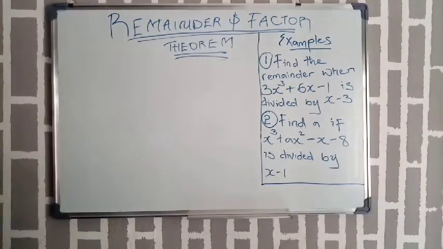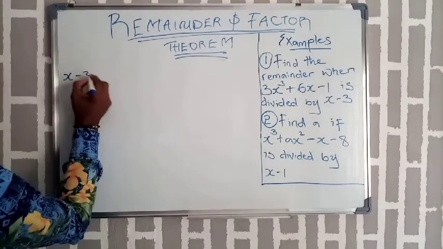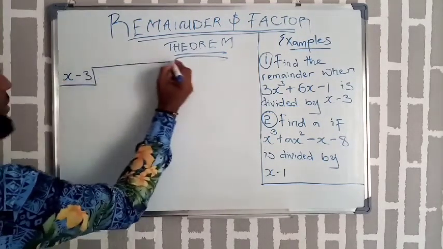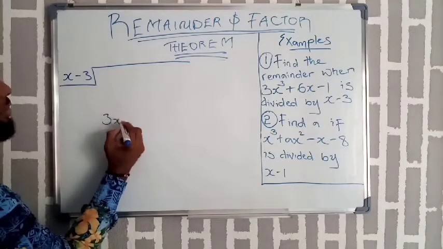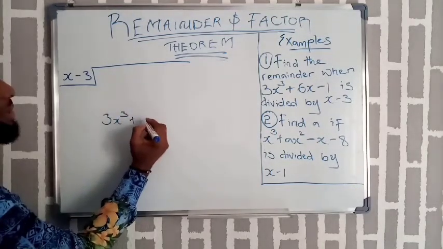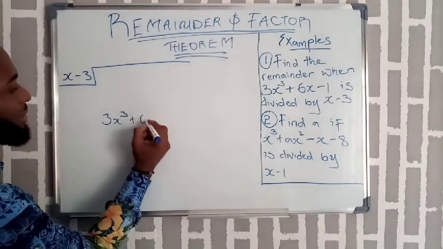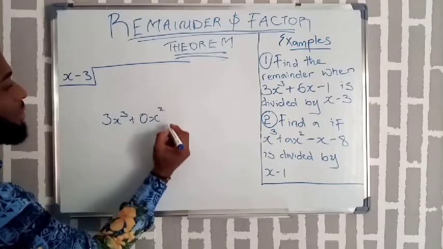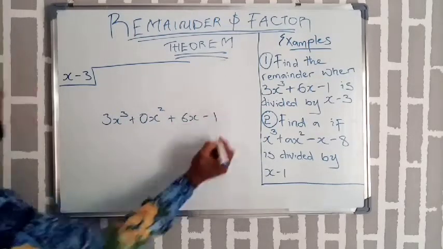So this is x minus 3. You have to note something, that this is a polynomial. So 3x cubed, while dividing we can't just write plus 6x minus 1. You have to understand that there was something here which is x squared before this and this.